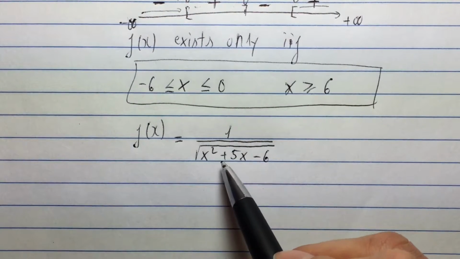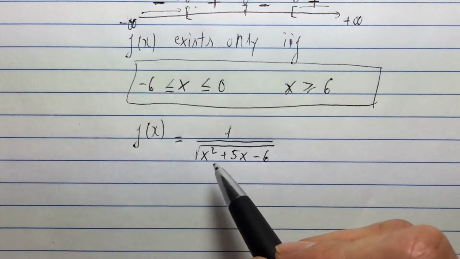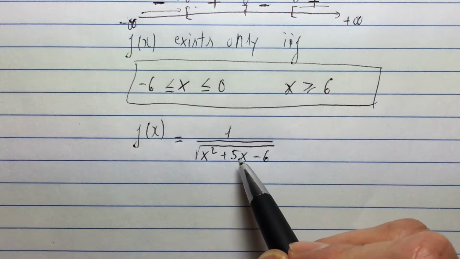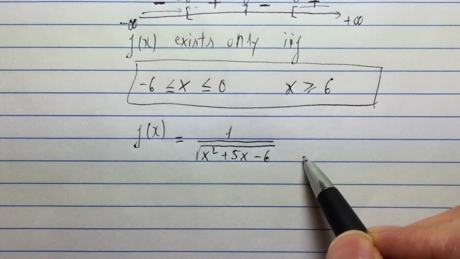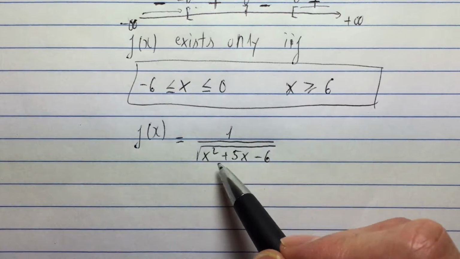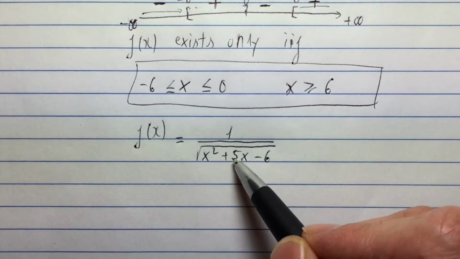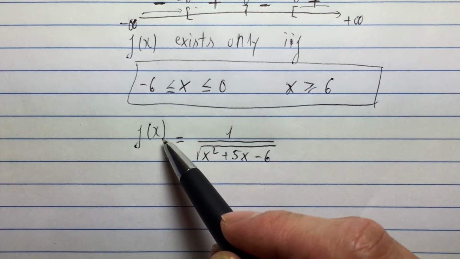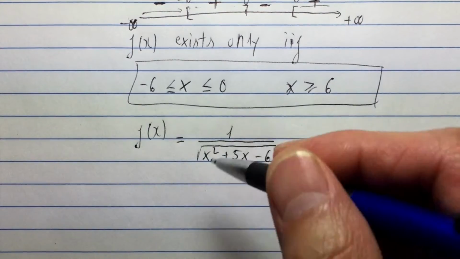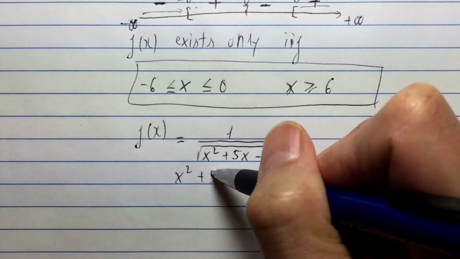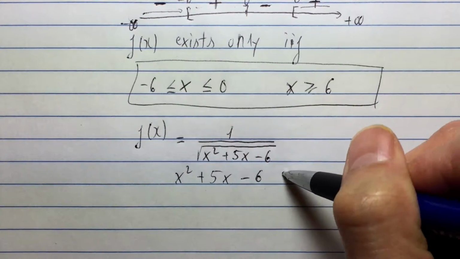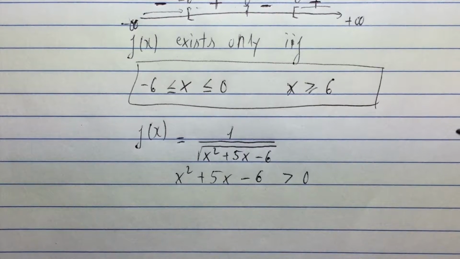The condition for the function f(x) to exist is that the radical must be greater than 0 but cannot equal 0, because this is the denominator. If it equals 0, the function f(x) will not exist. So the condition is x squared plus 5x minus 6 greater than 0.